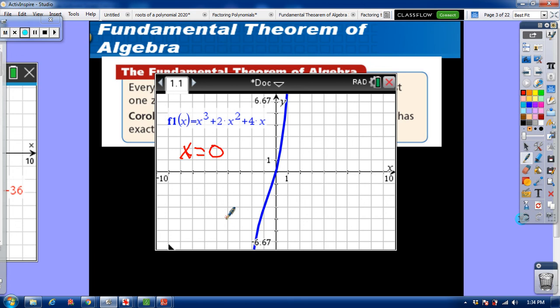But then I'll also find 2 complex zeros, which are x = -1 + √3 i, and x = -1 - √3 i. Those are both complex numbers.